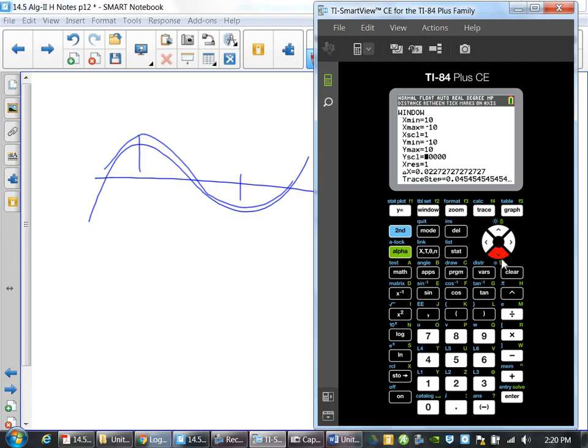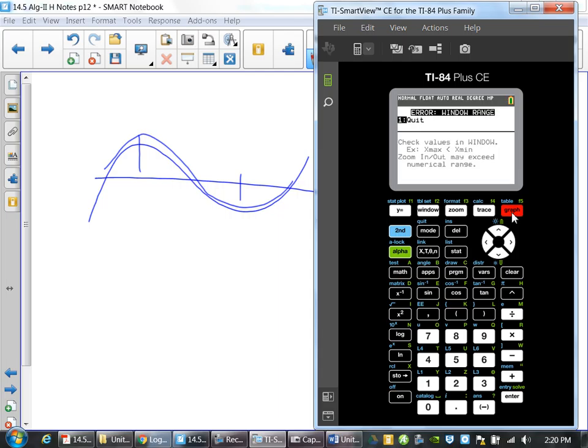Oh, because you have the list up. You still have the graph from the list up. Did I mess up that? Oh, my max and mins are backwards. There. So don't worry about my stat plot. I'll turn it off.